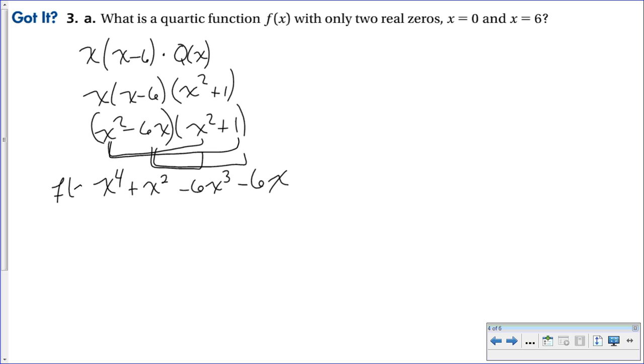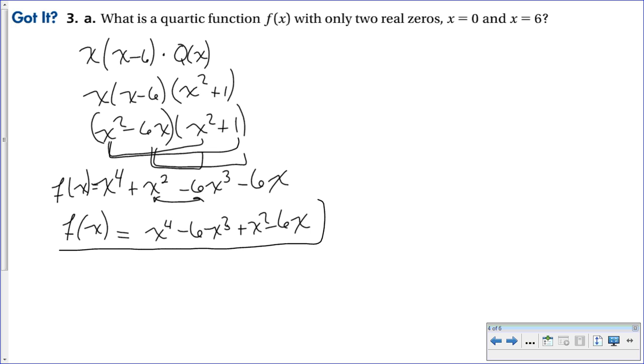I need to put an f of x out here because that's the function we're creating. Now, since these two terms are switched, I'm just simply going to switch them. So we're going to have x to the 4th minus 6x cubed plus x squared minus 6x.